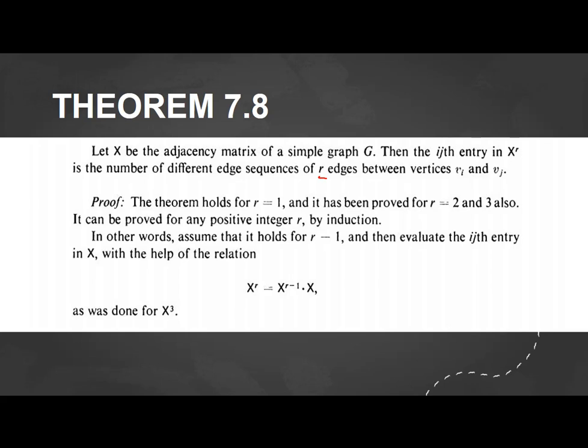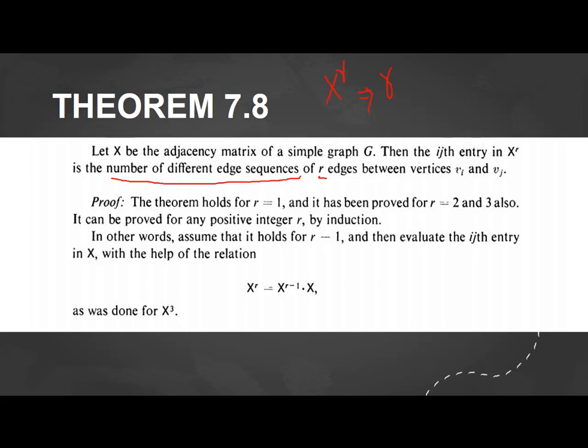We will also see how the same thing I said a little while ago is proved here. If I take a matrix x raised to r, the ijth entry in that matrix is going to be equal to the number of different edge sequences of r edges. Get it?